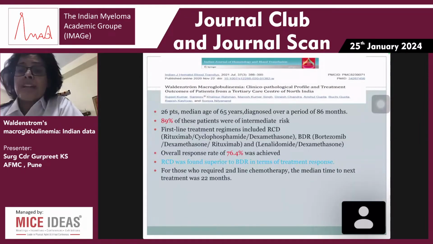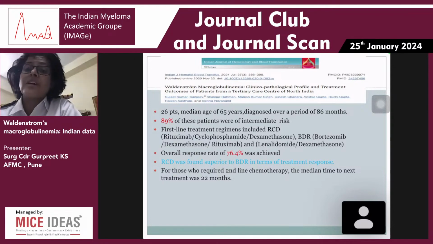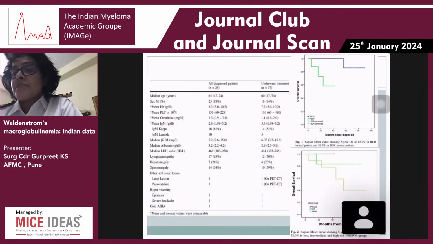However, at the end of this study, they also said that they could not say that RCD was superior to BDR, as the study sample was very small, and therefore more studies needed to be done to validate their results. This is what is shown here in the Kaplan-Meier survival curve.